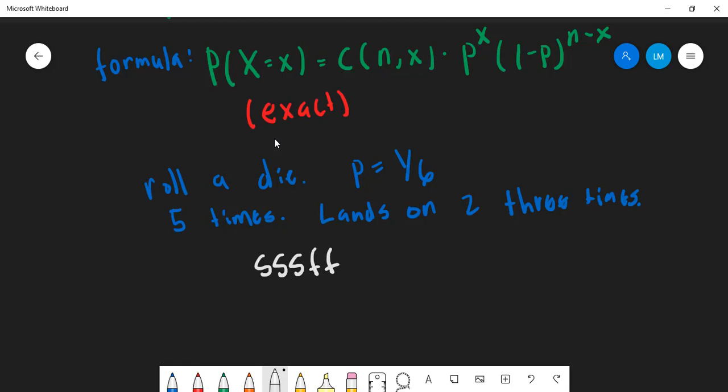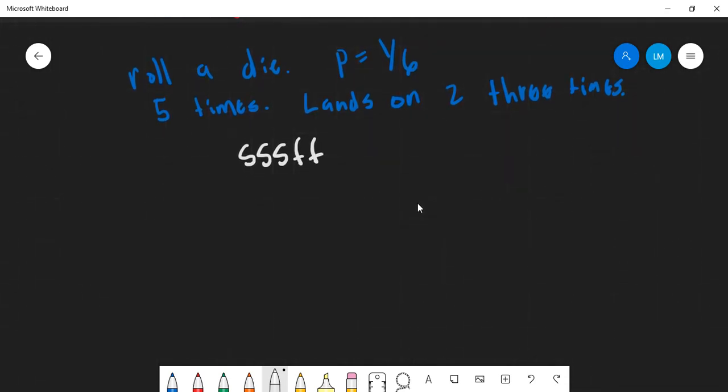But if we think about it even more, we could say, okay, well, we have 3 successes, so that's going to be 1 out of 6 raised to the 3rd power.